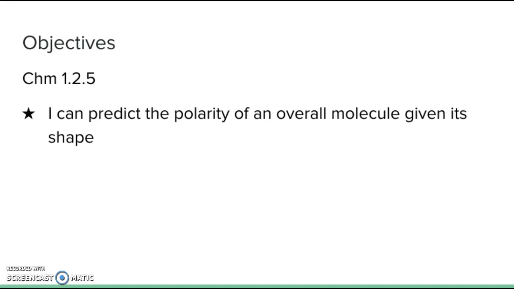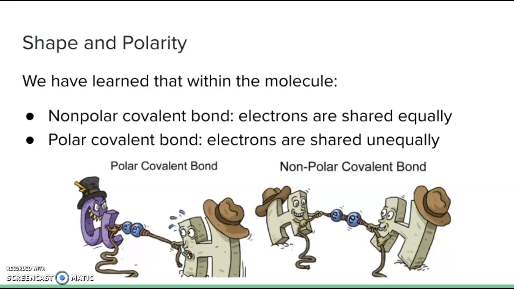All right, so we have learned that within the molecule itself, we have nonpolar covalent bonds and polar covalent bonds. This is going back to last week, when we talked about polar versus nonpolar. We know that in a nonpolar covalent bond, the electrons are shared equally; there's no electronegativity difference.